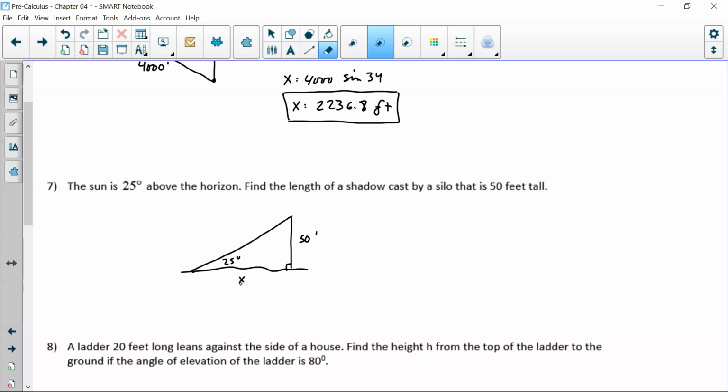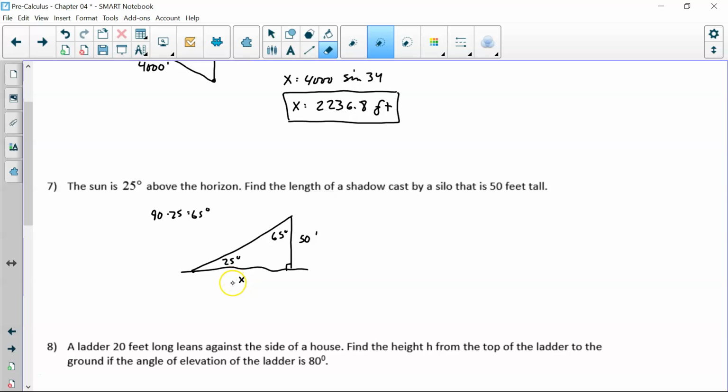Now for this one, this time we do not have the hypotenuse. So without the hypotenuse, we'd want to use tangent. Now, if this angle is 25, I can actually find this angle by 90 minus 25 equals 65. You don't have to do this, but this is a little bit of a quicker way to do it. Opposite over adjacent is tangent.